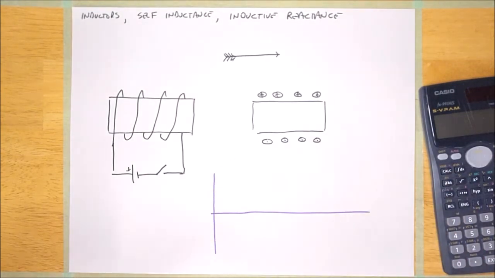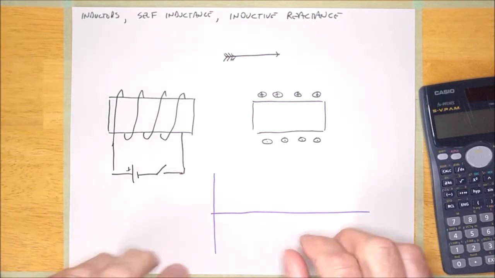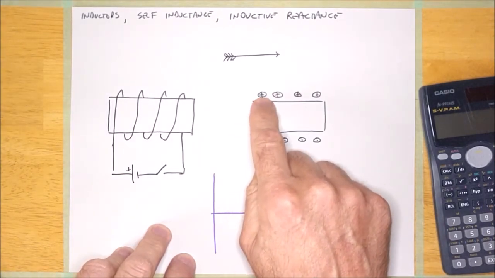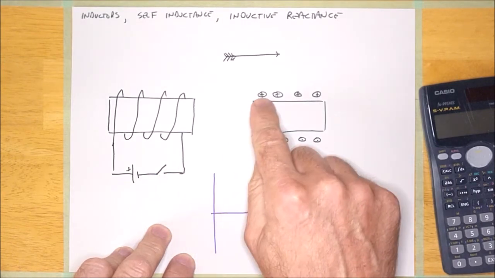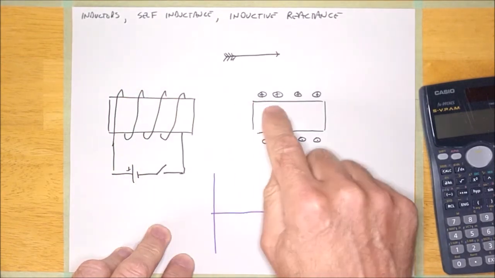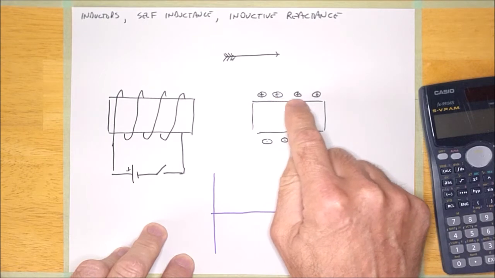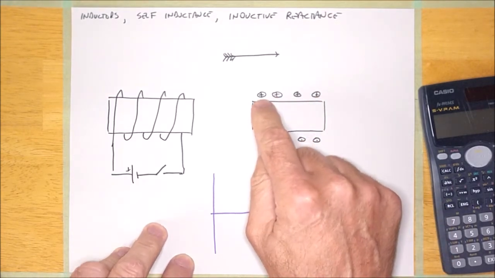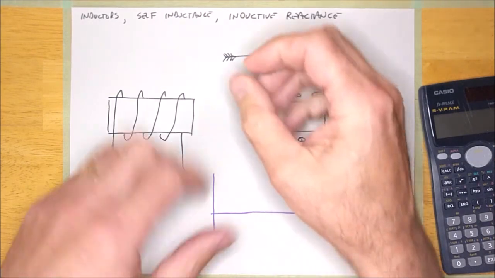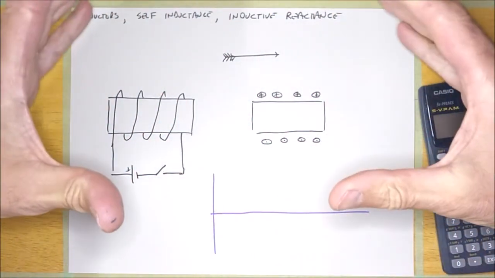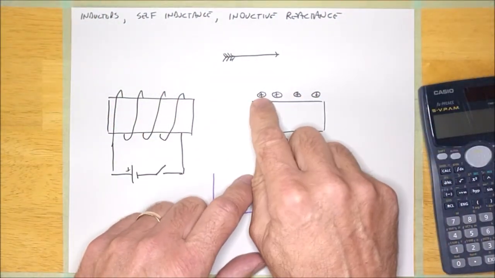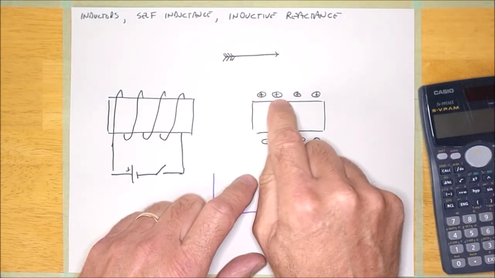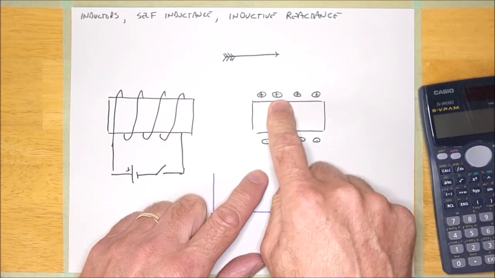If I close this switch and current starts to flow, a magnetic field will start to appear around these conductors. Not only does it appear around them, it blows out from the conductor, and as it does, that magnetic flux will cross the conductors next to it.